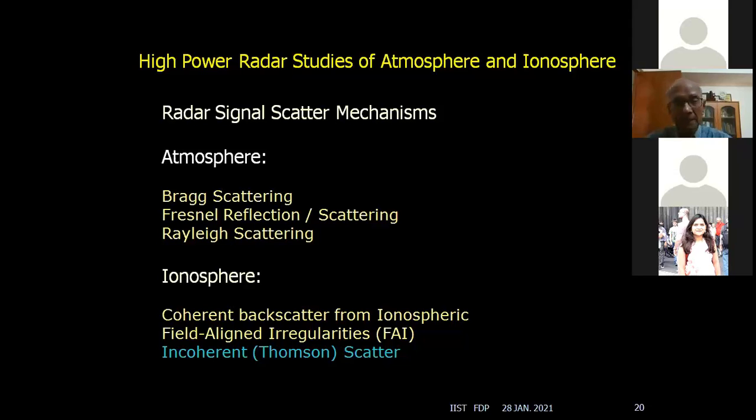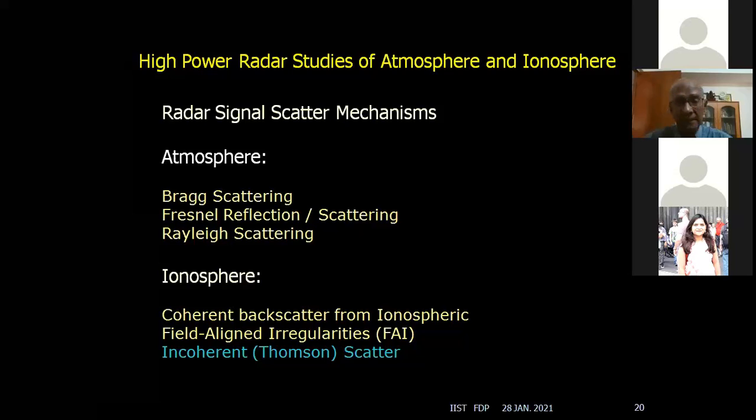So the turbulence parameters and the winds can be measured by clear air turbulence. And the Fresnel reflection gives the structure. Inversion layers, temperature inversion layers, or trapped humidity layers give you a partial reflection. Those can be identified and located using the Fresnel reflection.